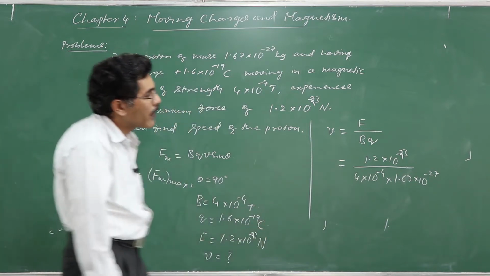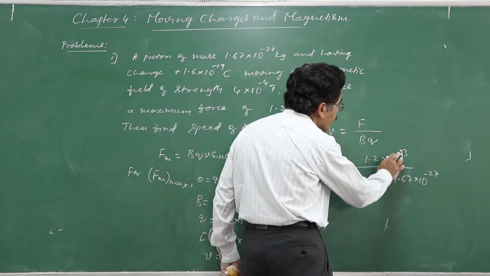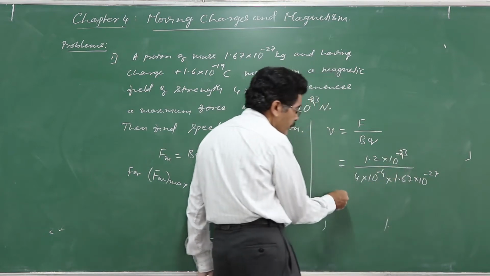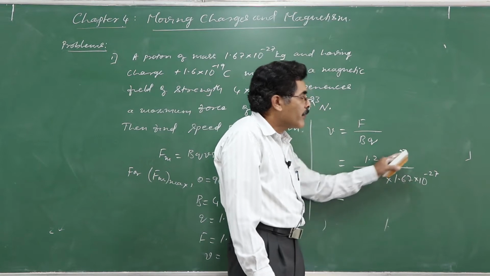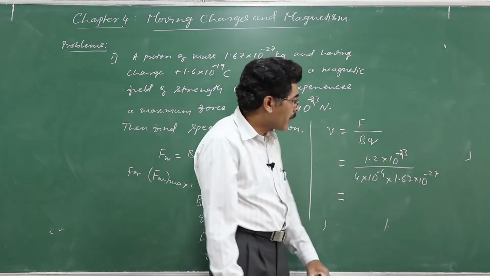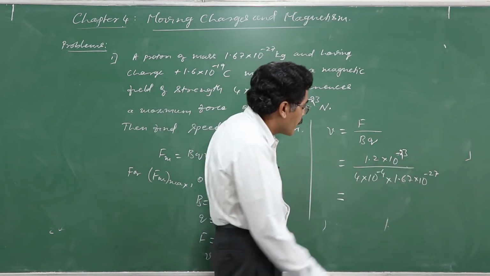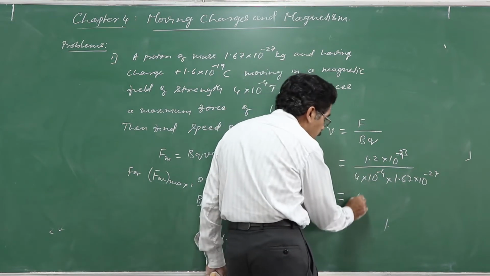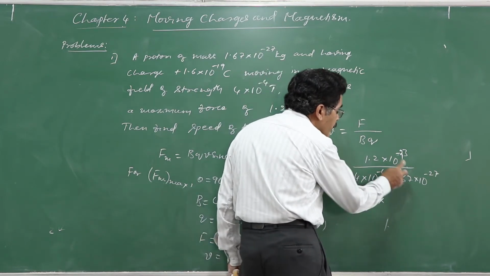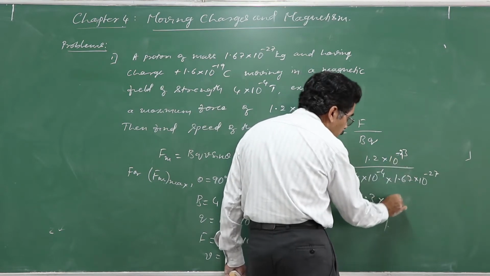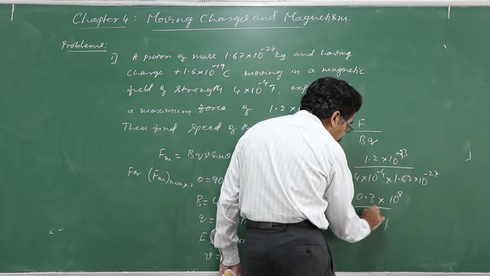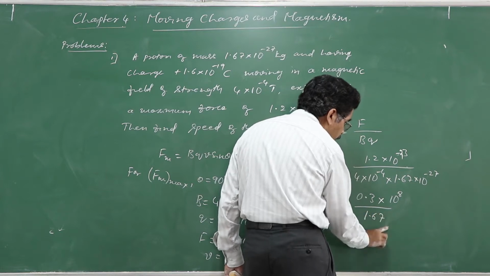What you are going to get? 10 raised to minus 23. 27 minus 4, 31. When it comes over there, you will be getting 1.3 into 10 raised to 8 divided by 1.67.